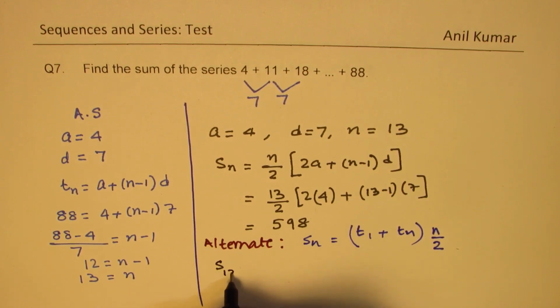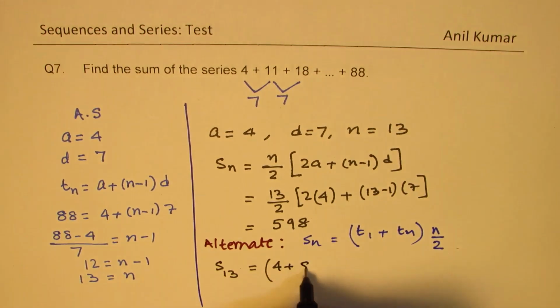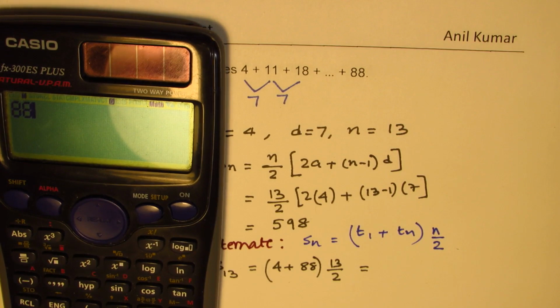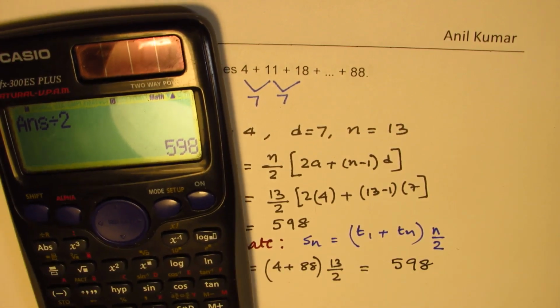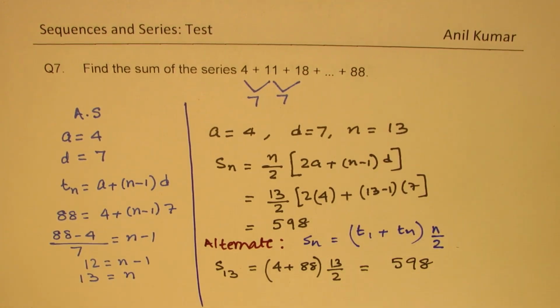So the sum of 13 terms, in this case, equals first term 4 plus 88, times n, which is 13 over 2, correct? So we have 88 plus 4 times 13 divided by 2 is equal to 598, right? So the other formula is pretty good when you're given the first and the last term. I hope that makes sense. Let's move on and take the next question now.